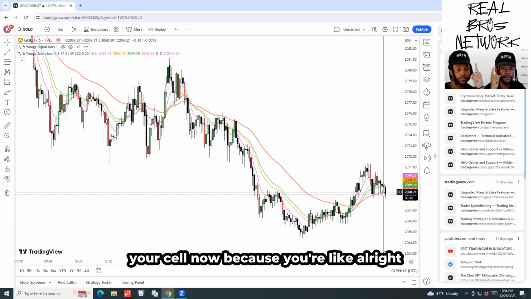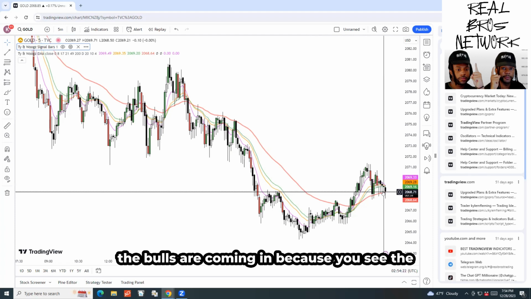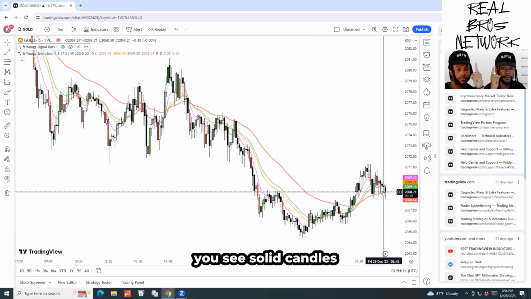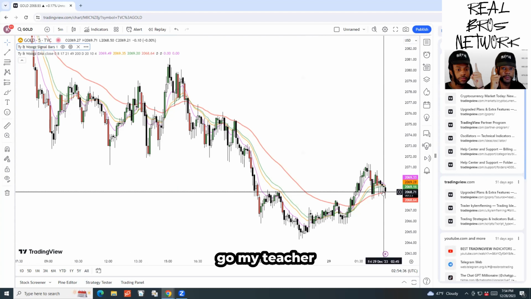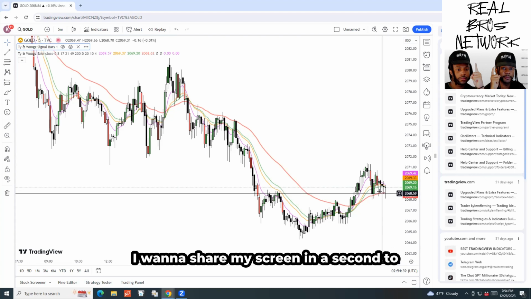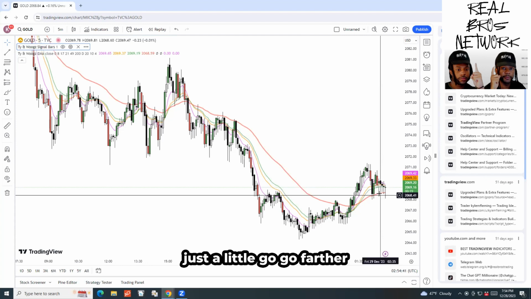You can exit your sell now because the bulls are coming in, since you see solid candles. It'll give you warnings to exit. So I'm going to teach you to exit trades also, which is very important. You can even see it already on the screen, but I'm going to share my screen in a second too, just to go farther.